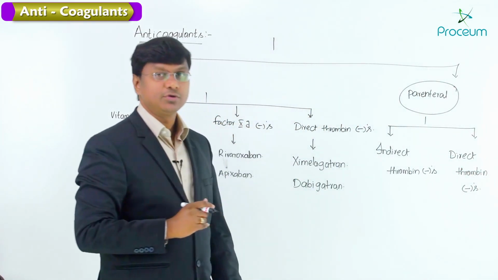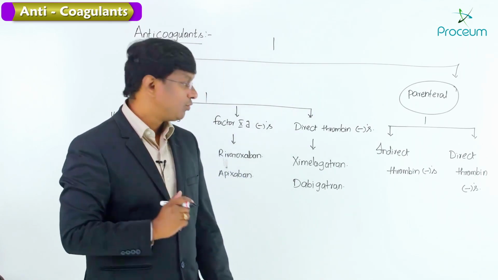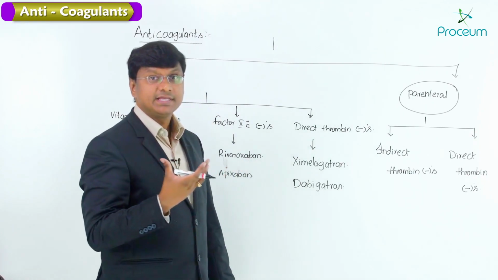If you take the indirect thrombin inhibitors, what are the examples? It is mainly the heparins.